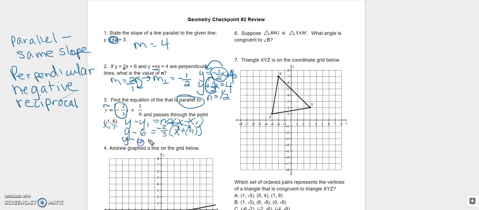So I get y minus 6 equals negative 2/3 x minus 2/3. And then I would have to add 6. And I get y equals negative 2/3 x, and when I add 6 to negative 2/3, that makes it positive 5 1/3.